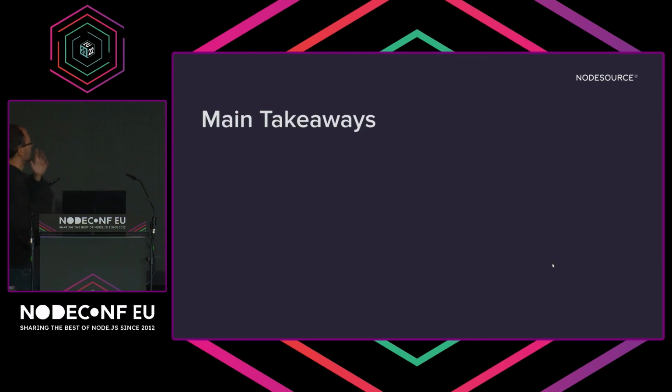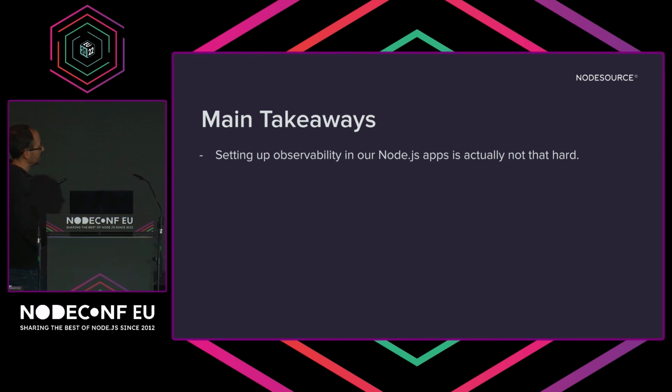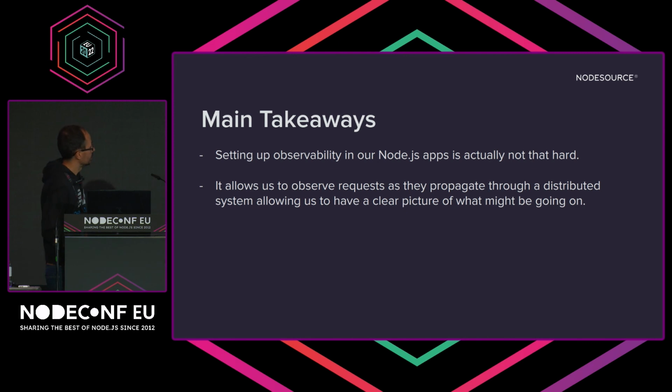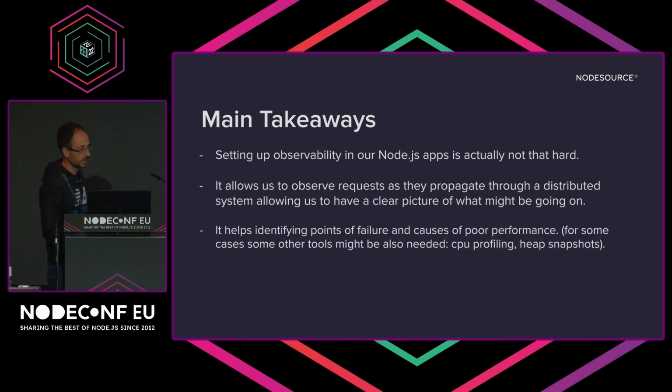So which are the main takeaways? Well, first of all, setting up observability in Node.js by using the OpenTelemetry SDK is not that hard. Actually, the OpenTelemetry documentation is quite good and complete and has some very good examples. Also, it allows us to observe requests as they propagate through a distributed system, and it allows us to identify points of failure or bottlenecks in your system.